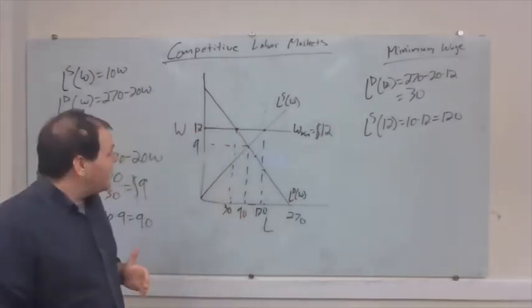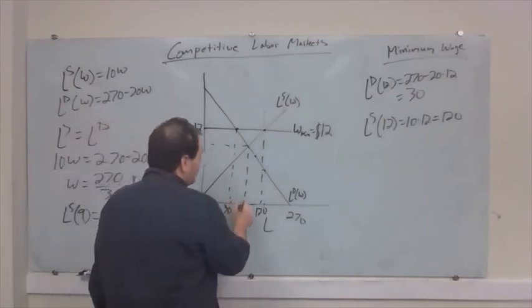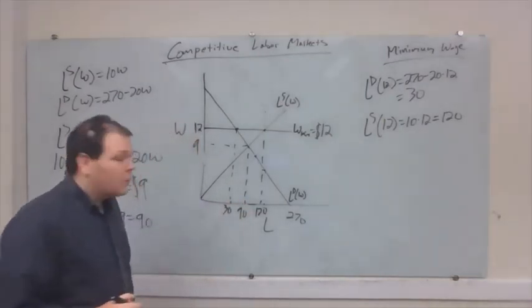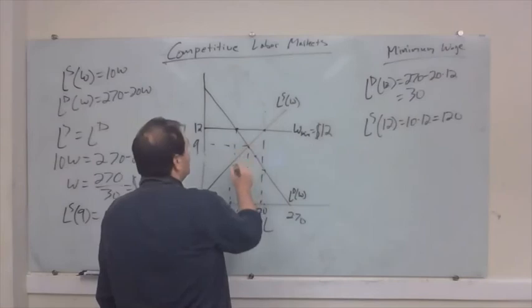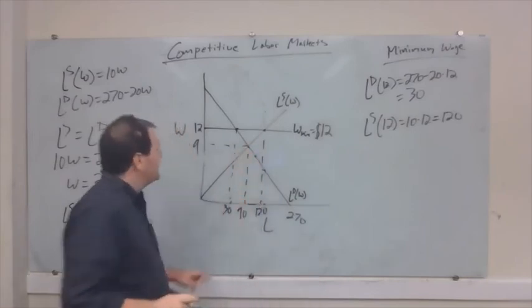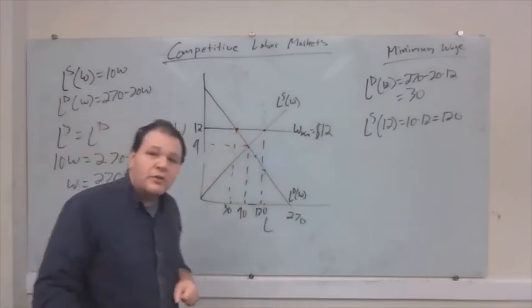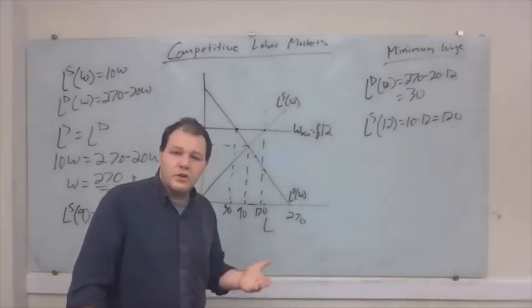And the reason for that is essentially that between 30 and 90 hours, right, we have employees whose time is worth less to them than the stuff that they're producing is worth to their consumers, right?